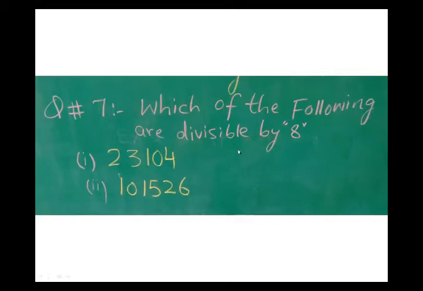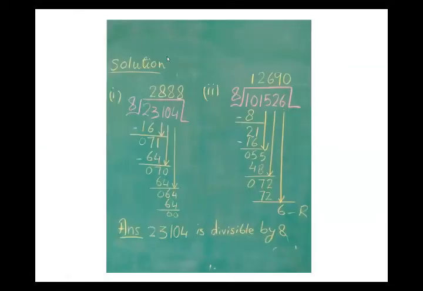Now we check by using the division method. Here you see that the number 104 is divisible by 8. How? If we multiply 8 by 2, we get 16.